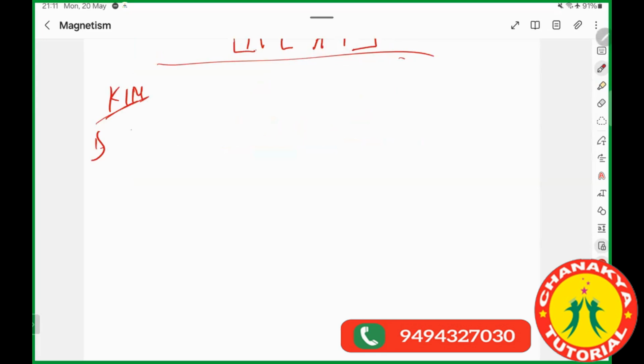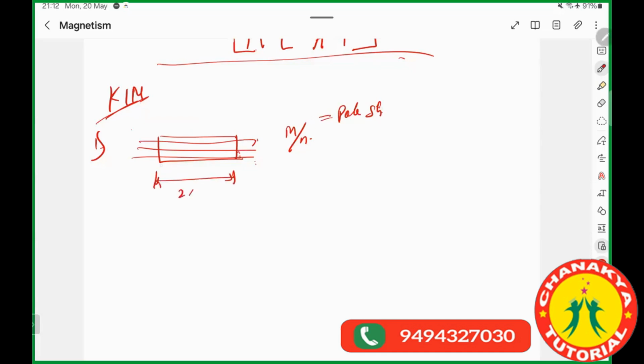If I cut a bar magnet into n equal portions, then the pole strength of each will be divided as m by n. But one thing remains the same for all, that is 2L.